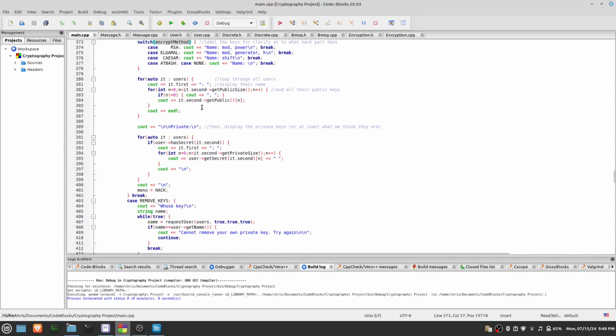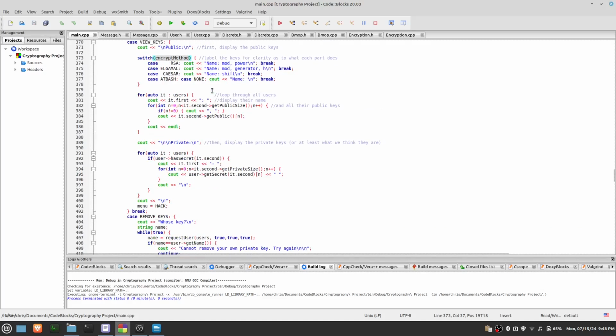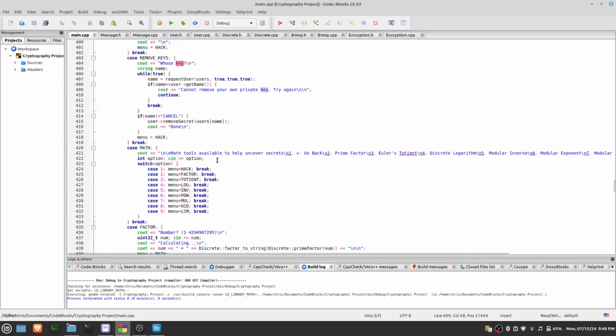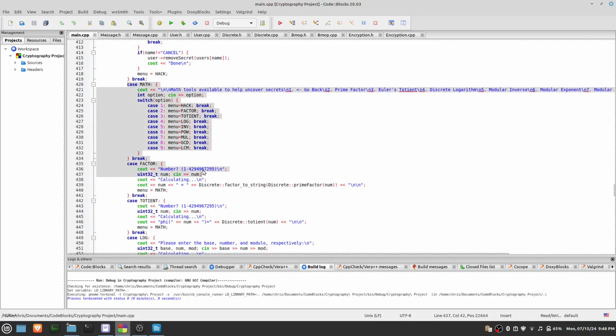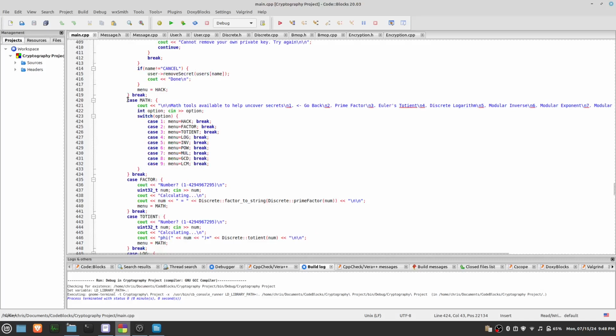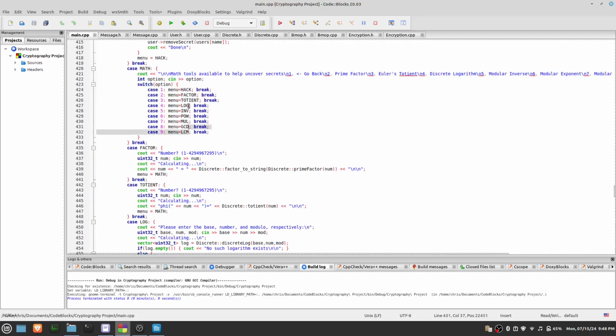View keys, displaying both the public and private key. Remove keys. Once again, can't remove your own private key. Yeah, there we go. And then we have the math tools, which once again, that's another menu.